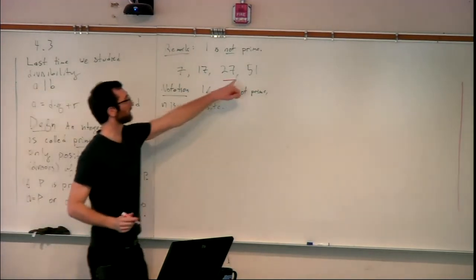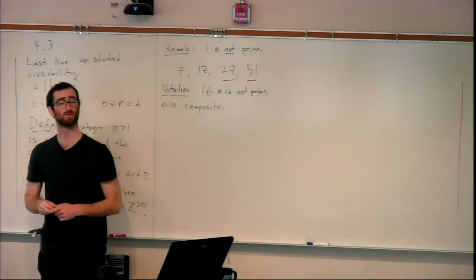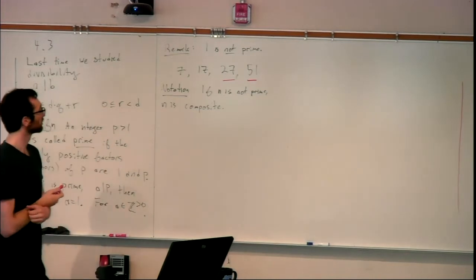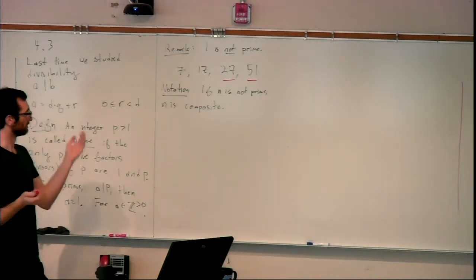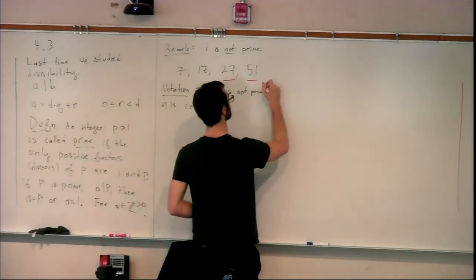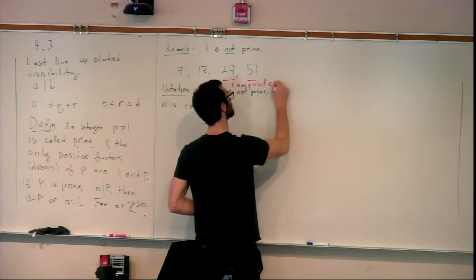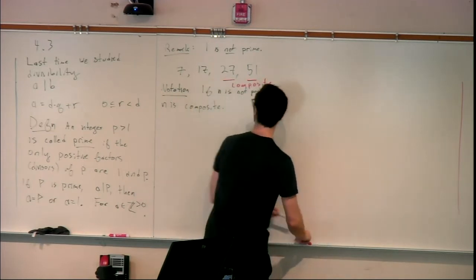And it's the same thing with 51. 51 is also composite because, for instance, it's divisible by 3, and several other numbers. These two are composite, and these two are prime.